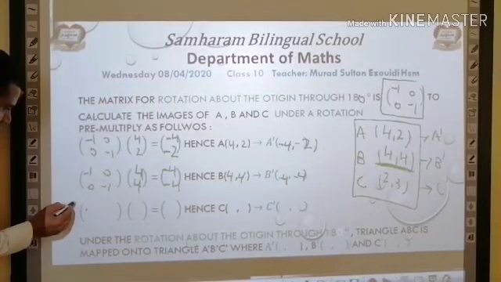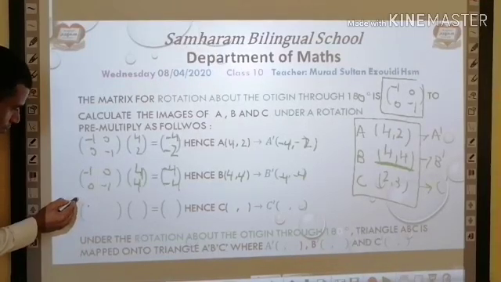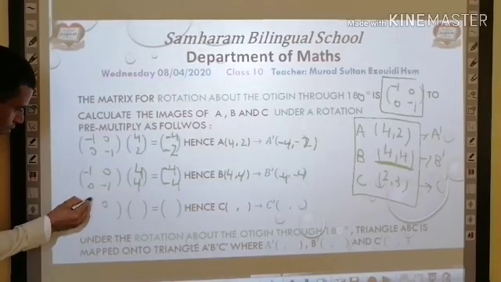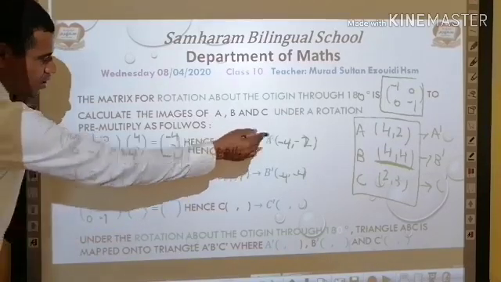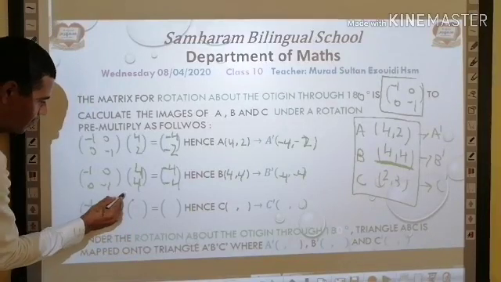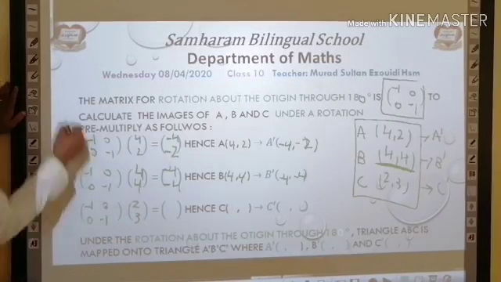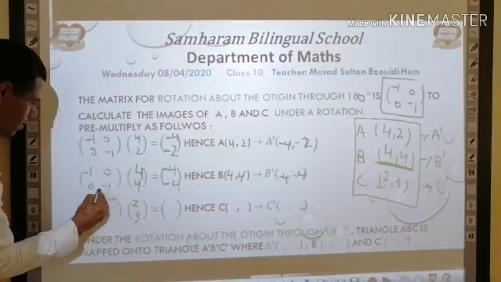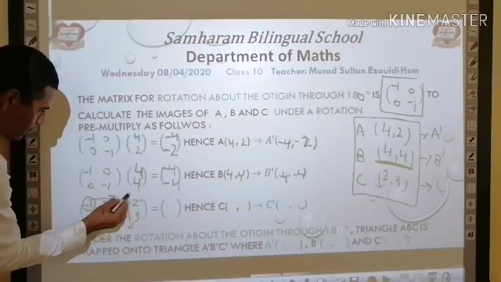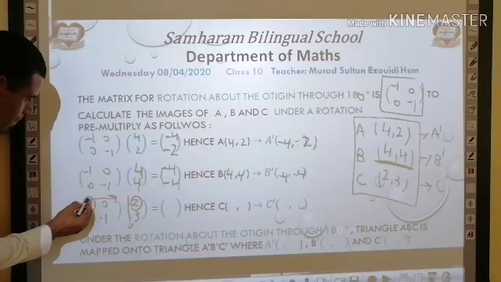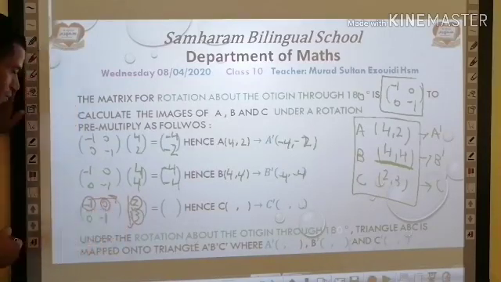Okay? Then for C, we have the matrix for rotation about the origin through 180 degrees: minus 1, 0, 0, minus 1. Multiply by the coordinates of the point C, written as a vector: 2, 3. Minus 1 multiplied by 2 gives us minus 2, plus 0 multiplied by 3 gives us 0, so minus 2.